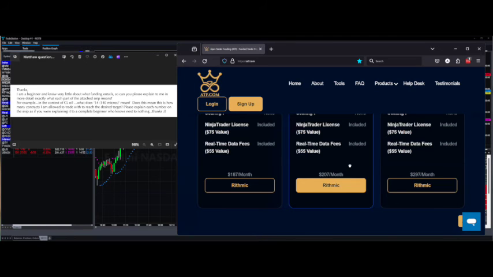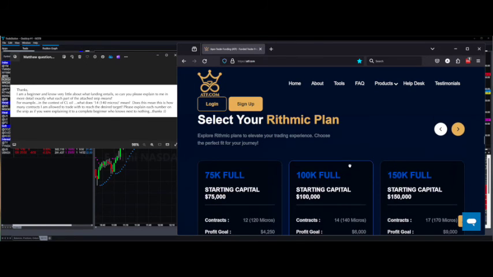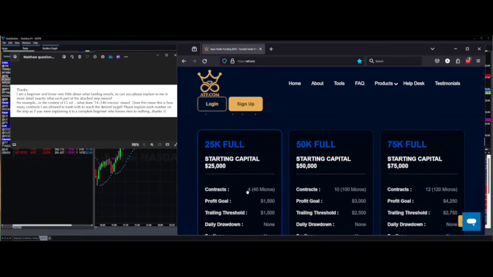Now, for someone like you, Matthew, I would recommend not starting with 100K. I would start, if I were you, with a 25K. This is the smallest one that they offer. It's a $25,000 account. You can trade 4 biggies or 40 micros. Your profit goal is only $1,500. So that is way, way, way more doable in the beginning than trying to go for $6,000 over time.